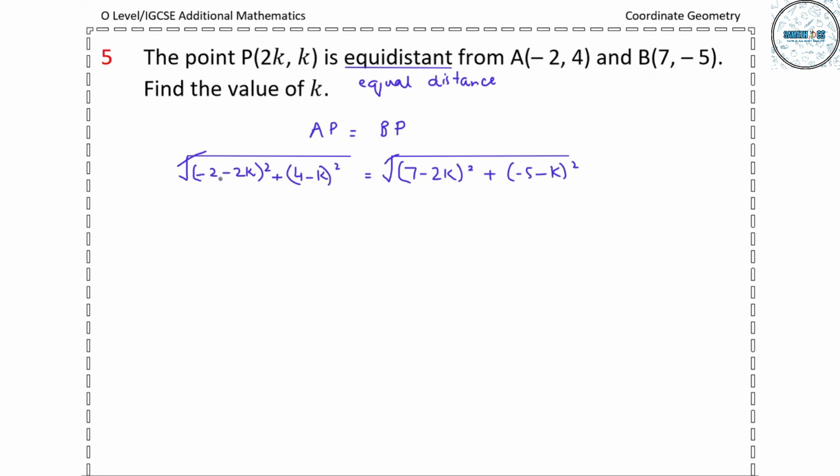Minus 2 here, we will take square of 2, which is 4. We'll multiply 2 by 2k, which is 4k, and then multiply it by 2, which is 8k.